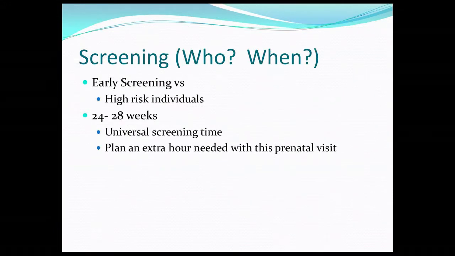So how do we screen for this, and who do we screen, and when do we screen? There's two types of screening processes. One is early screening, at the first office visit with your prenatal care. This is for those high-risk individuals, as we spoke about earlier.